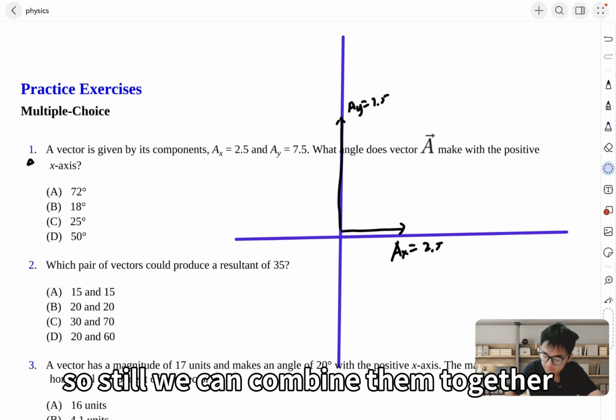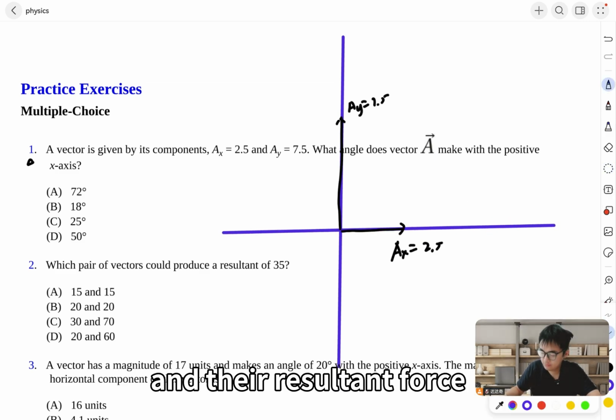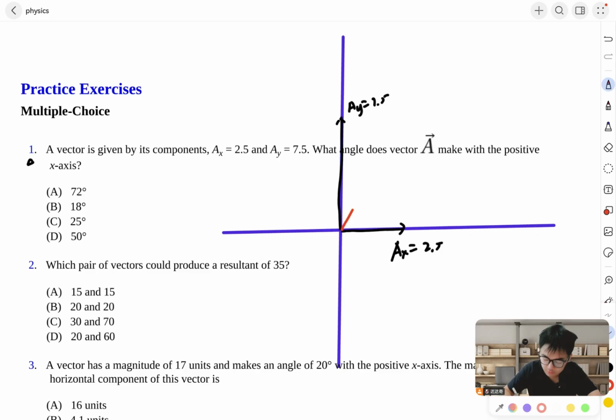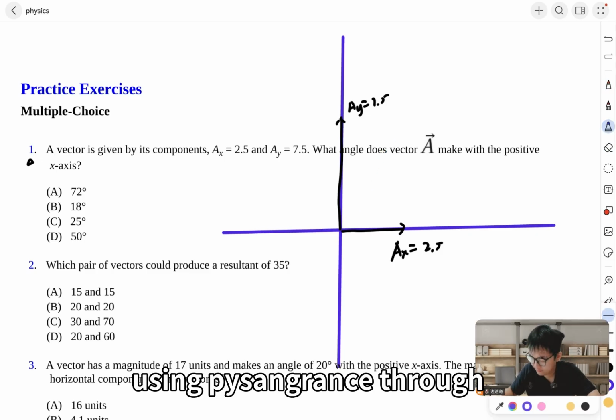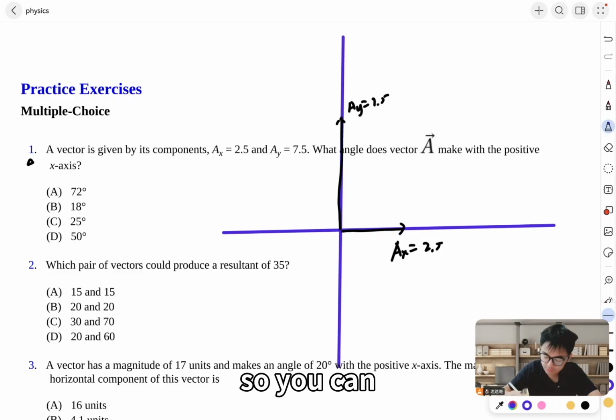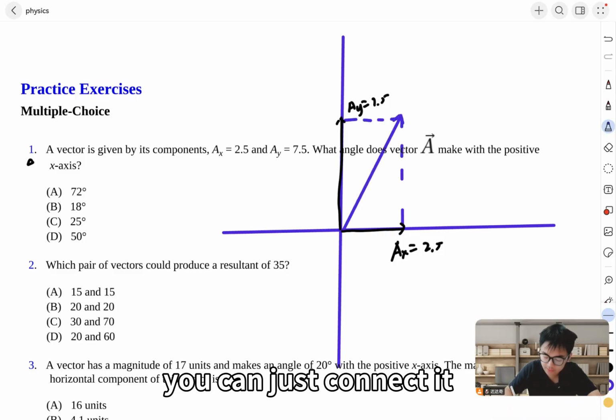So still you can combine them together, and their resultant force can be calculated using Pythagoras rule. So you can just connect it.